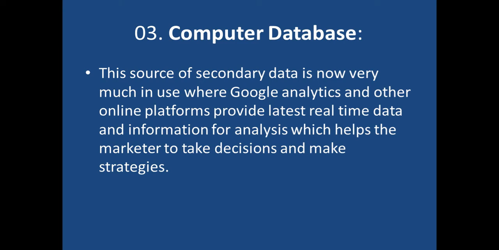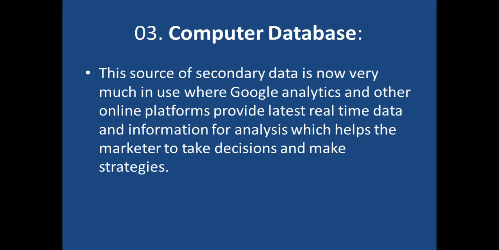Now next, as far as secondary sources are concerned, we have computer databases. This source of secondary data is now very much in use, and if you want to know who is the competitor of a particular brand or company, then from Google Analytics you can see that this particular organization is the competitor, what their market share is, what kind of products they have, what their sales are. All of this you can get through Google Analytics and other online platforms.